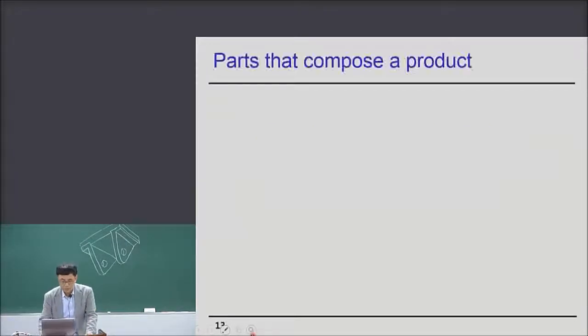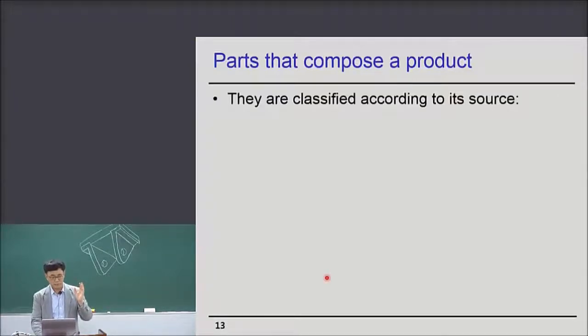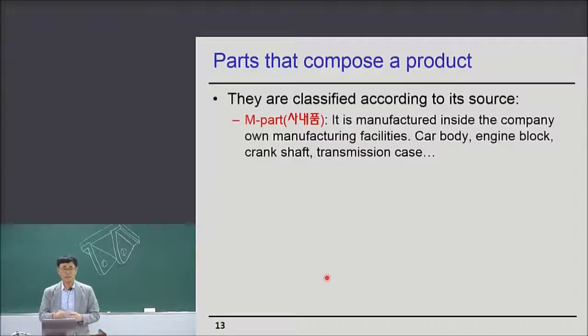Now if you develop a new product, then you have to know that there are several types of parts. They are classified according to their source. The first one is the M part.